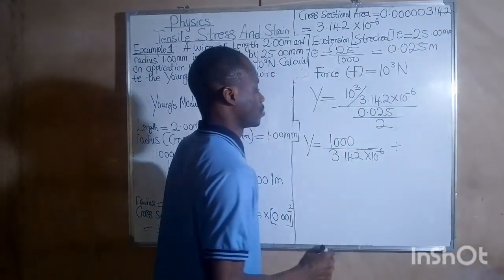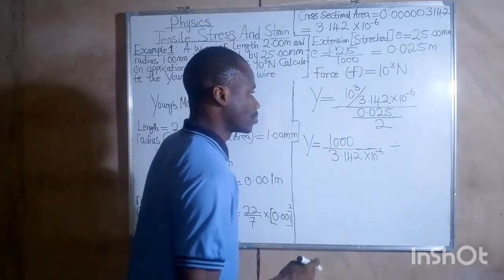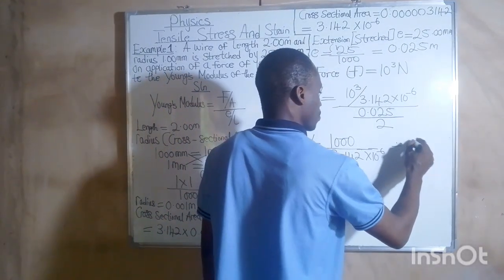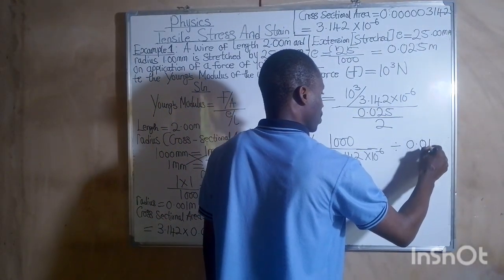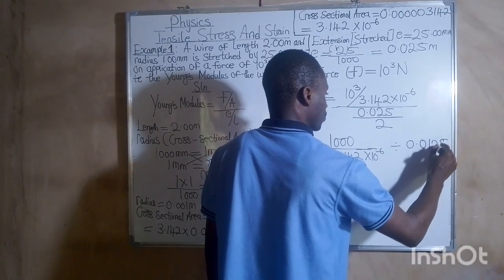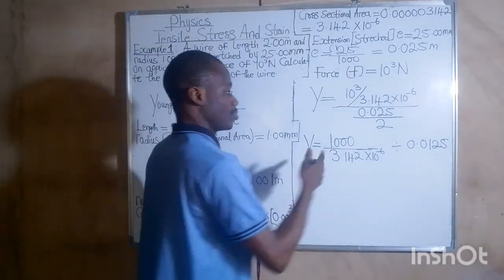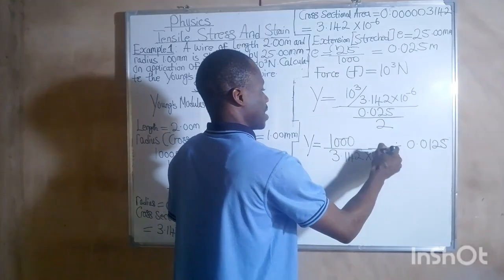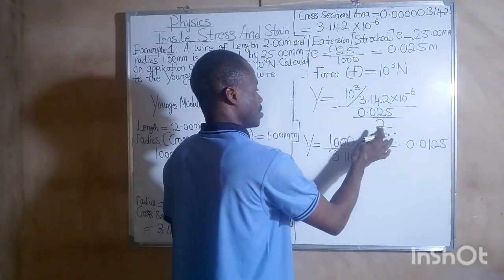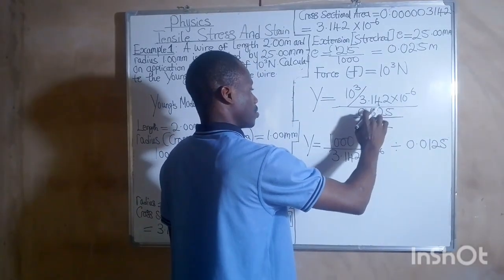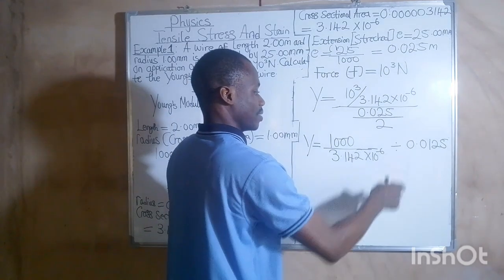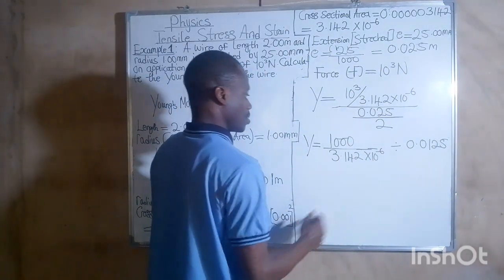Okay, 0.0125. If you don't want to do this, you can say times, then you take the denominator up, 2, and bring 0.025 down. But let's just do this way.